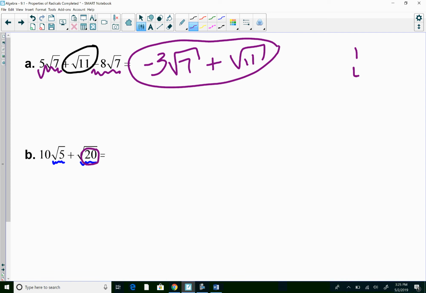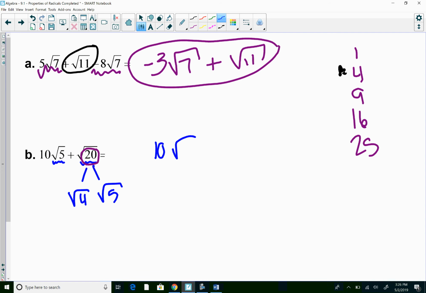If I list the perfect squares, we've got 1, 4, 9, 16, 25, and so on. There's a 4. So first we break this down into root 4, and then look what happens. That turns into root 5. So we have 10 root 5, which comes from this piece right here. And then this root 20 turns into 2 root 5.